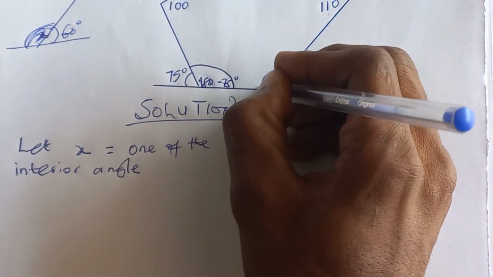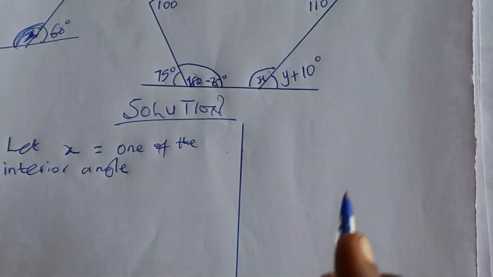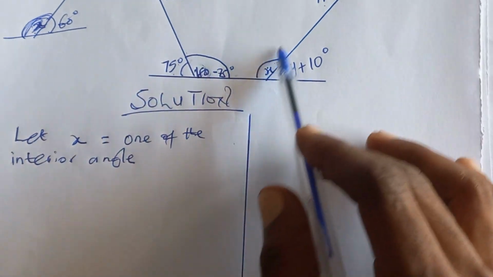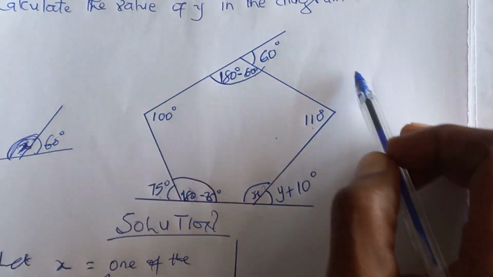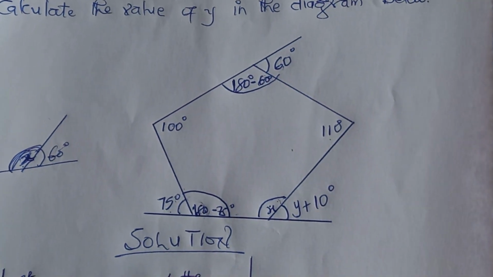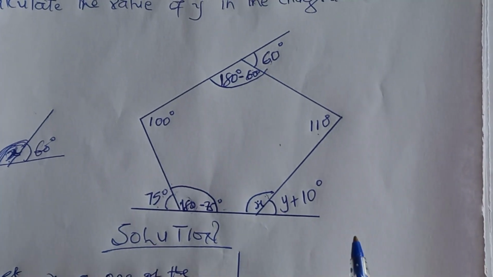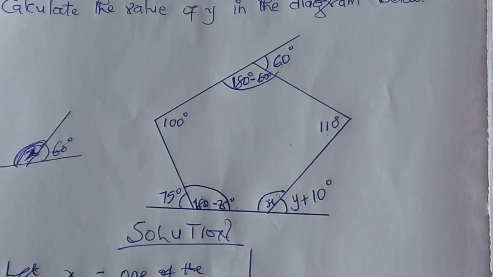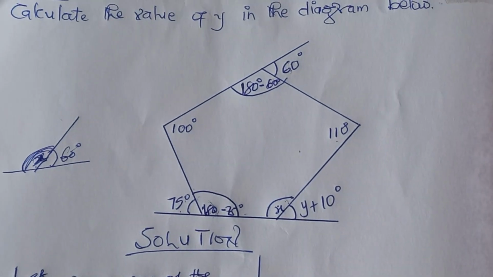So let's say this is our x. Good. So we can sum up the interior angles to 540 because the sum of the interior angles of a pentagon is 540 degrees.